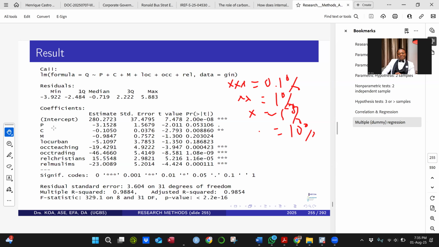Yes, Araba, why is your hand up? Yes, please. I want to ask a question, Prof. In answering this question, could we have said, as a short form, that because of the number of stars attached to price, it is a dot, so it means it is not significant?